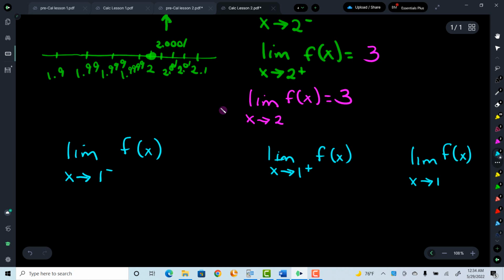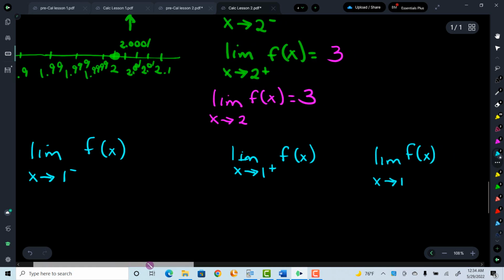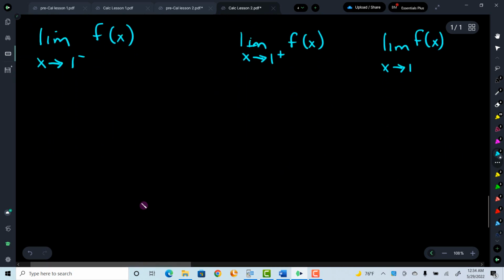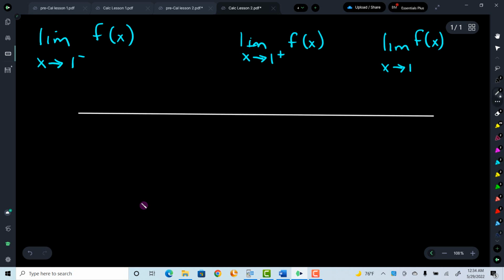And I'm going to do this all from a table. I don't know why I'm bothering to get so fancy. That's silly, but oh well.